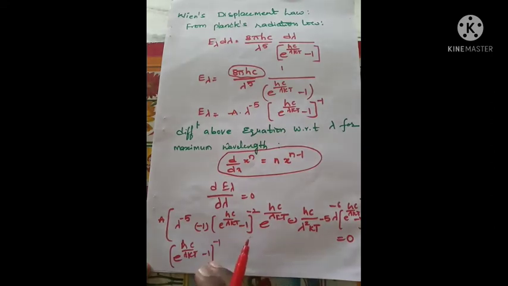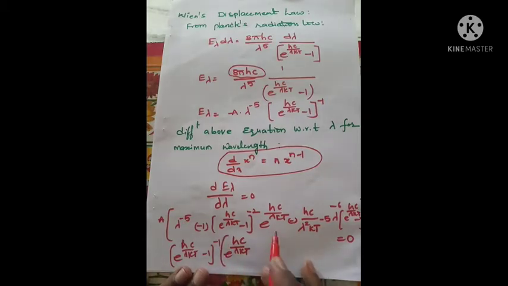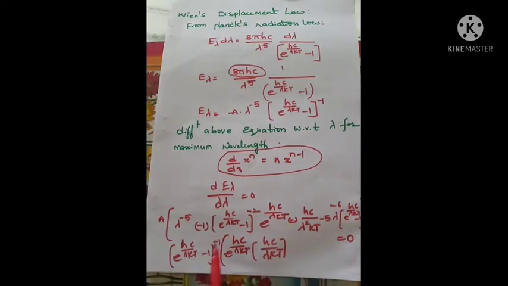Then finally, if you take this term common, what remains here is e to the power of hc by lambda kt into hc by lambda kt. Okay, so here, finally, this is the term I'm taking common: e to the power of hc by lambda kt minus 1.